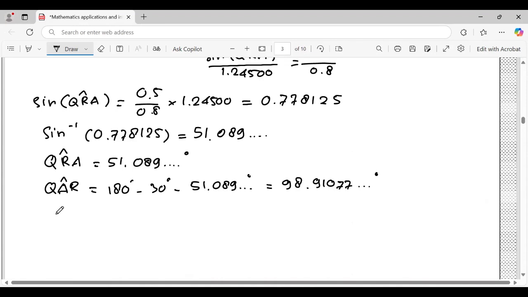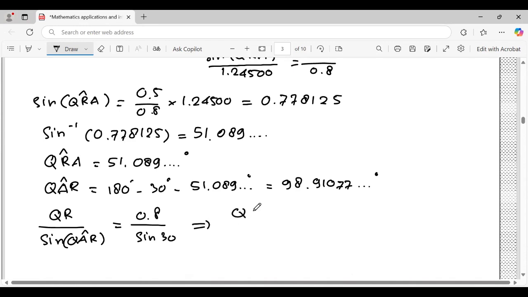And then we can determine QR through the sine rule. QR over sine of angle QAR equals 0.8 over sine 30. So QR over sine 98.9107 equals 0.8 over 0.5.